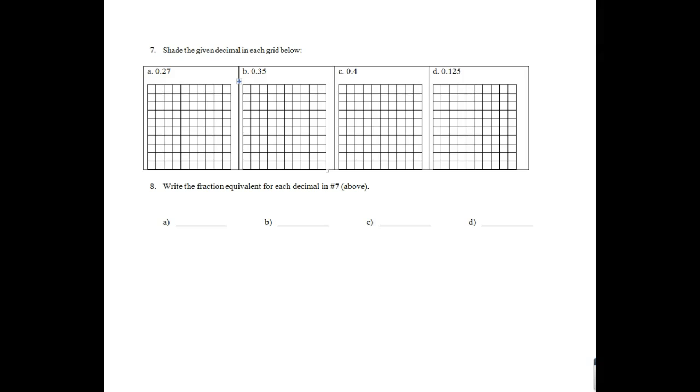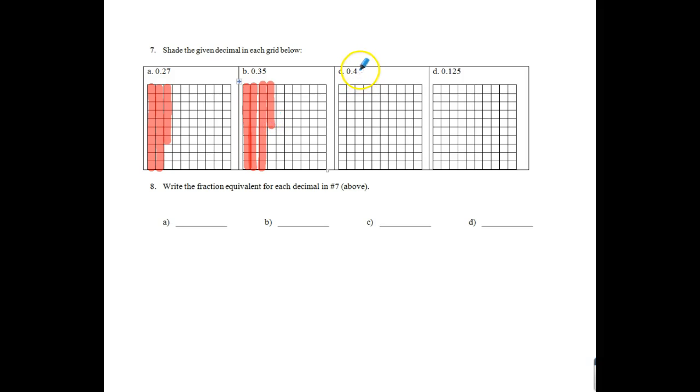Okay, so the next one. We want to shade the given decimal in each one below. All right, so that's too big. That'll work. Go ahead, you try this. This one is 0.4.